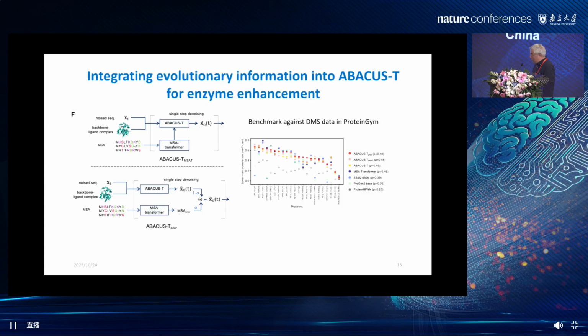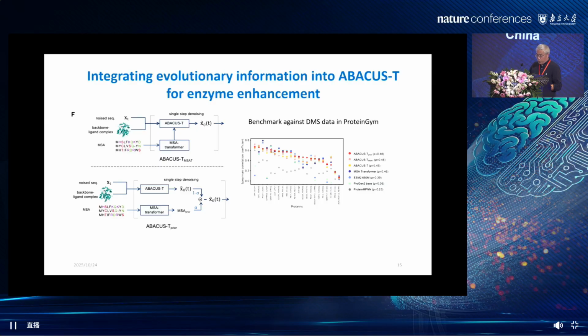So here we try to adapt this method for the zero-shot improvement of enzymes, because it is so effective in designing stability-enhanced proteins. We try to integrate, for natural enzymes, multiple sequence information with MSA Transformer, and then with this model, without fixing any residues, we just let the model run.